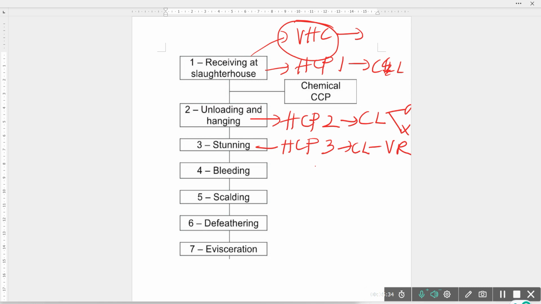Even in the stunning section, we can develop two critical limit. You have to check on the eye movement, whether after stunning, is there any possibility of the chicken died because of the stunning? Alright. So this is also can be your critical limit lah. Okay, died or not. Okay.